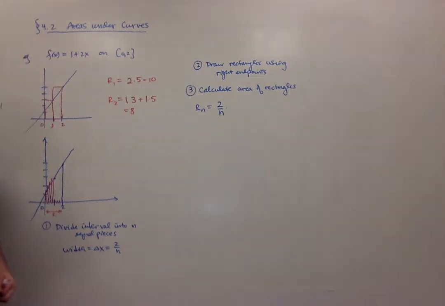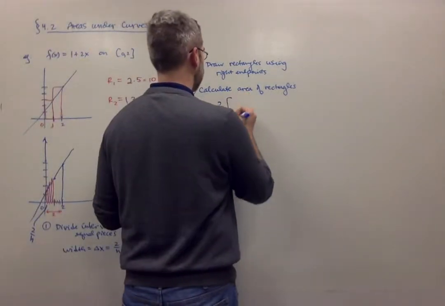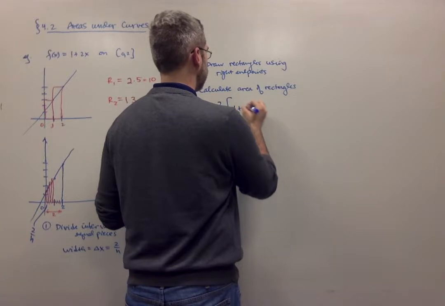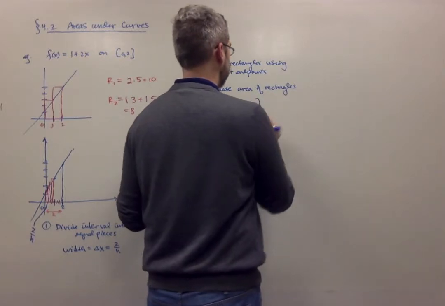And the height is what we get when we plug this right point into the function. The right point is 2 over n here. So when I plug that into the function, what I get is 1 plus 2, and then instead of x, I'm plugging in 2 over n. Okay?